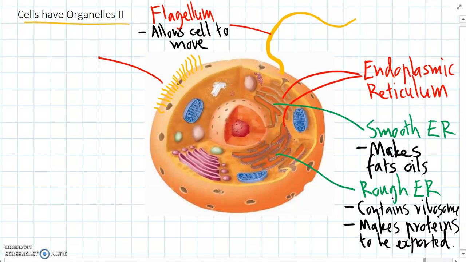Other types of single-celled organisms, though, have a structure called cilia. And these cilia are tiny little hairs, and they work similar to a flagellum. So they move in a wave-like motion, moving back and forth, and they allow the cell to move.